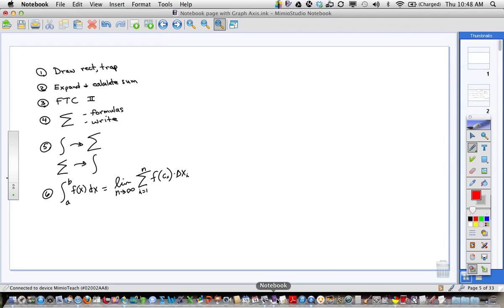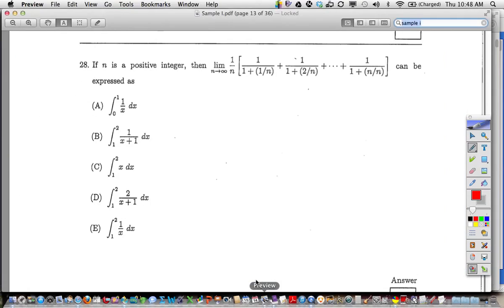All right, let's just work on a couple of things here. This is in sample one. Pull out your sample one packet and let's take a look at a couple of things. This was a problem we skipped, most of you skipped, I think, in sample one.